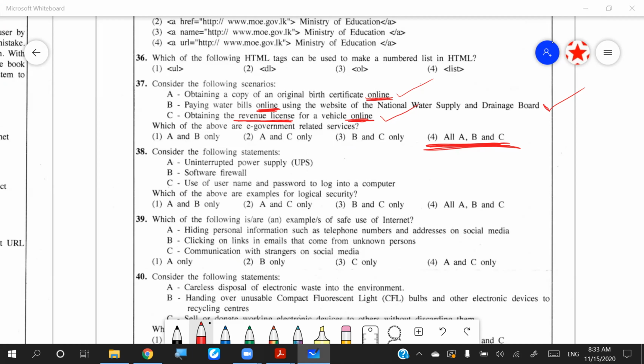Maybe because there are some lawyers handling this process, they may not consider it part of the government. But when you need a copy, you always have to contact the registrar of the government and get it. So the much better answer is the fourth one.